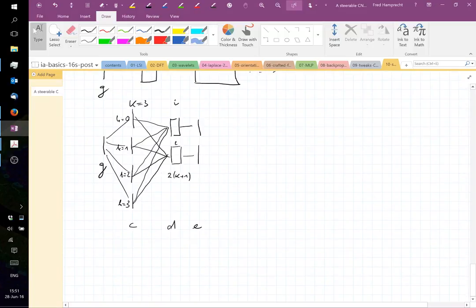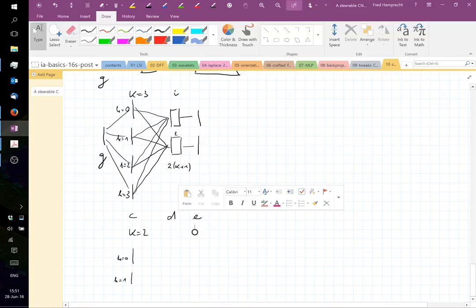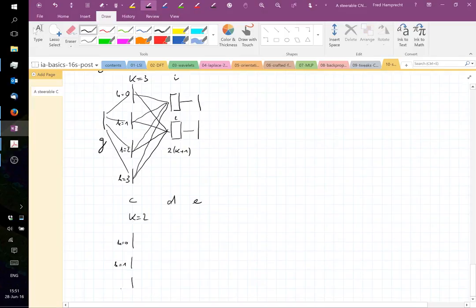Now, this is not the end of the story, because so far I only showed K equals 3, but I also have K equals 2. For K equals 2 I would have small k equals 0, small k equals 1, and small k equals 2.